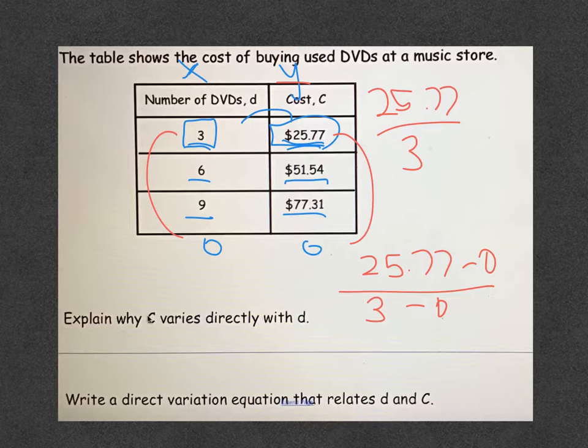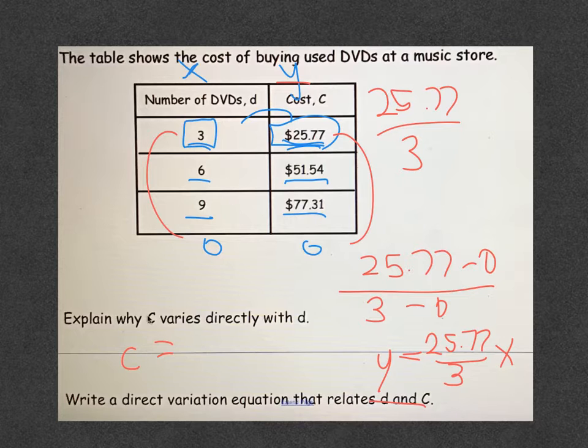But I can just do it right now. The direct variation equation is going to be, not simplified, $25.77 over 3 times x, but in this case we're going to use D and C. So the total cost is equal to $25.77 divided by 3.